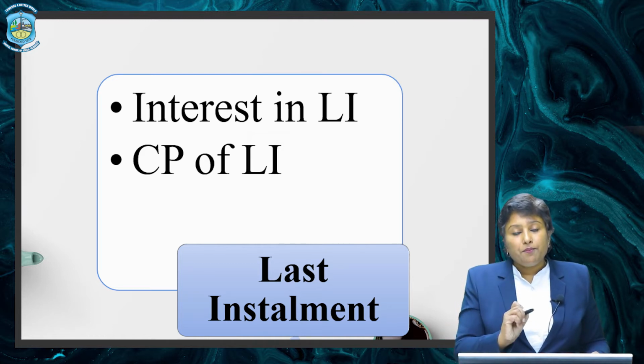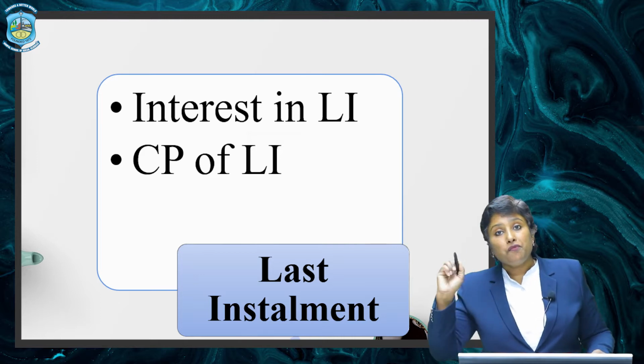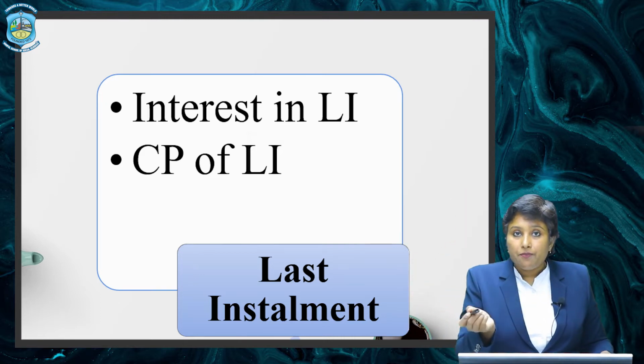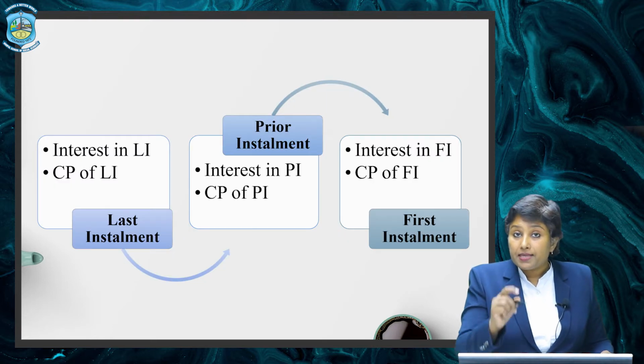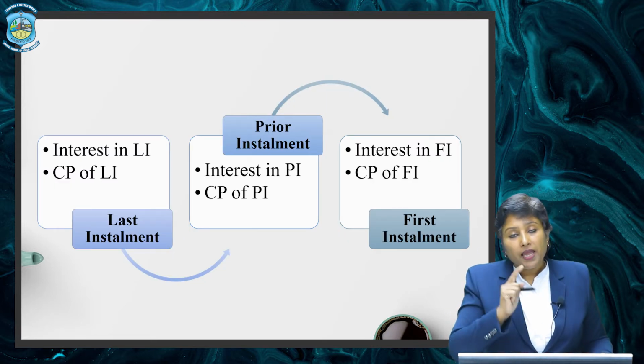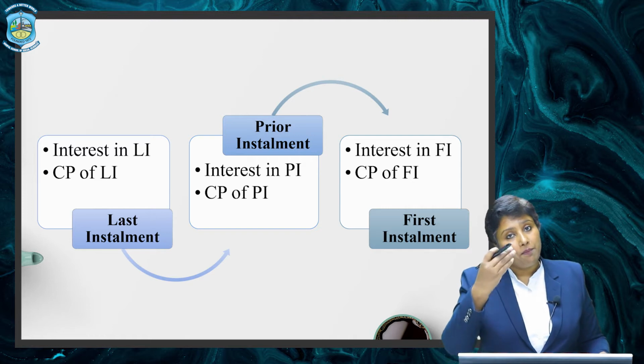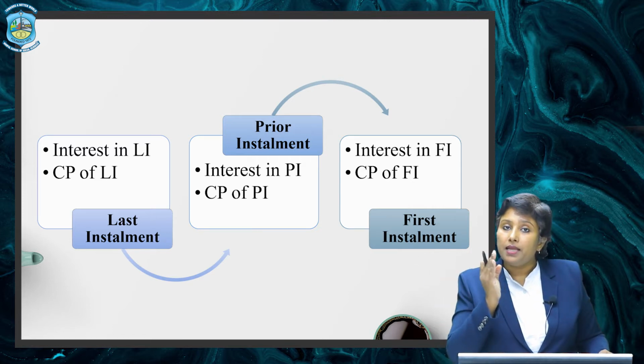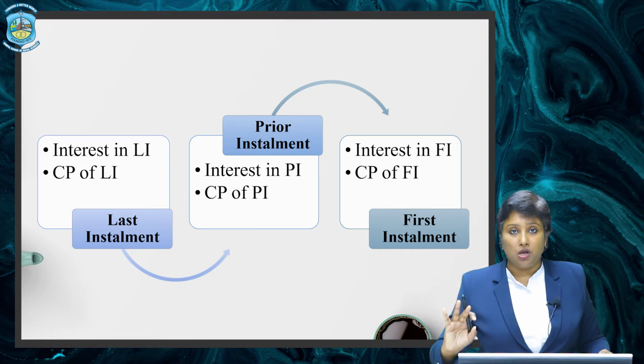Okay, the same procedure has to be moved further in upward direction. Okay, so the next step would be to calculate interest in the prior installment and then calculate cash price of the prior installment. Keep on repeating the same procedure till you reach the first installment.